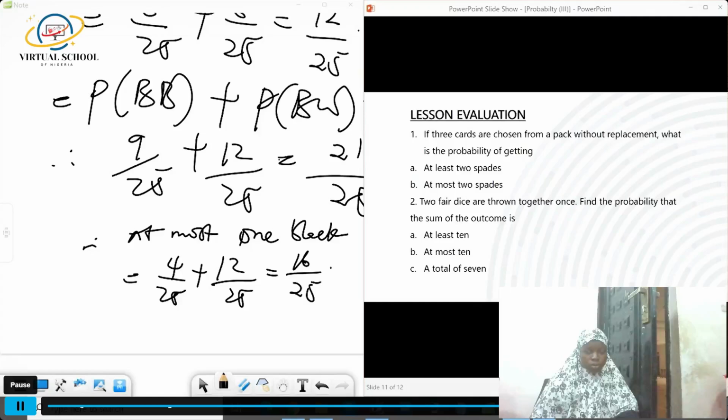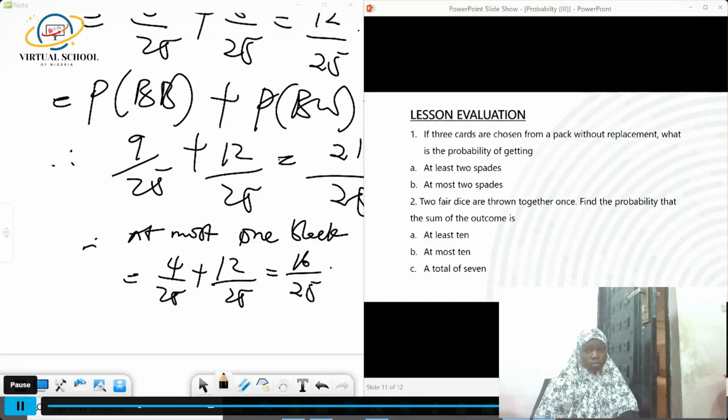I think we have 52, and inside that 52 is divided into 4: the hearts, the spades, the clubs, and the diamonds. Each of these 4 contains 13.